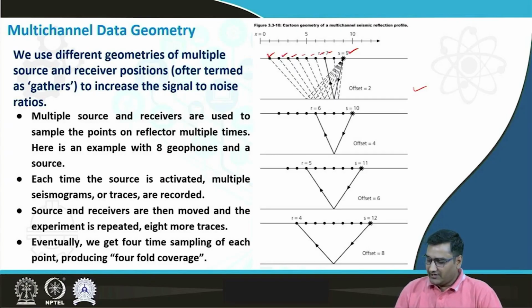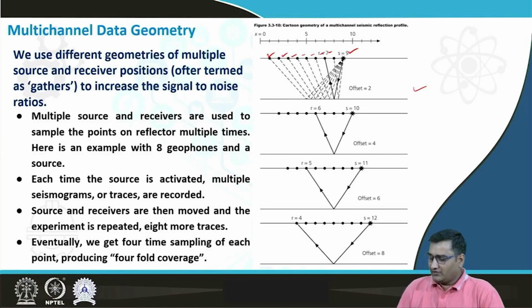We are getting 8 traces while we are exciting the source. So each time you excite the source, you get 8 traces, one from each of the receivers. That means one receiver is recording 1 trace at a time, so the total number of receivers is 8, and 8 traces are recorded by an excitation of the source.